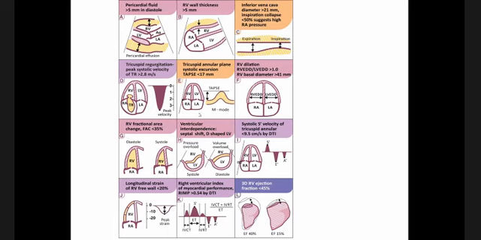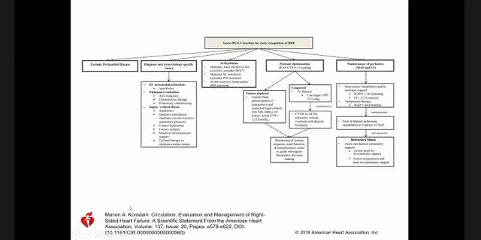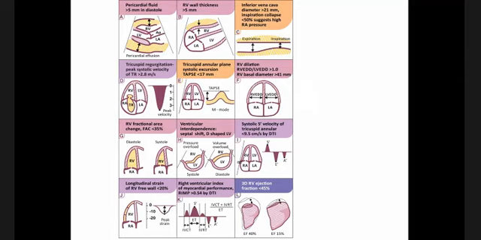So as you can see here, they can determine the total ejection fraction of the RV by an echocardiogram, and also you can determine the RV longitudinal strain, just like you do the longitudinal systolic strain for the left ventricle. So it's not that difficult nowadays to measure these functions. The only problem is that we don't do it all the time.